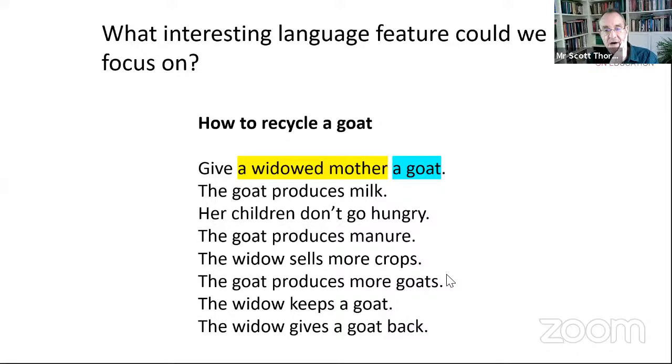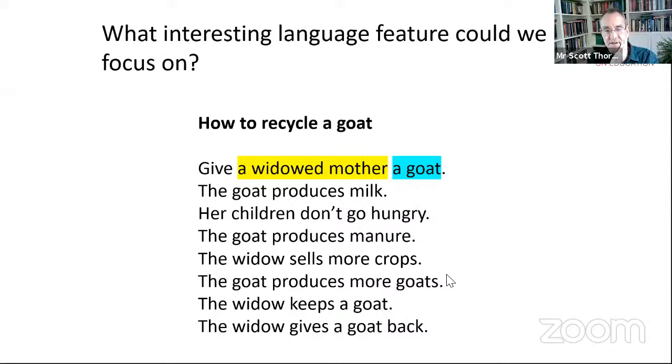A widowed mother, a goat. What's special about that sentence? How many objects in that sentence? Yes, two objects.